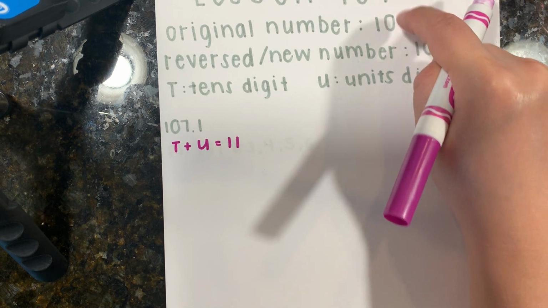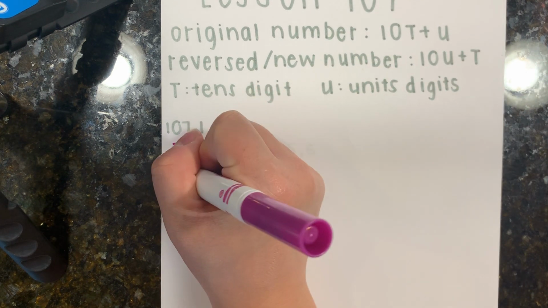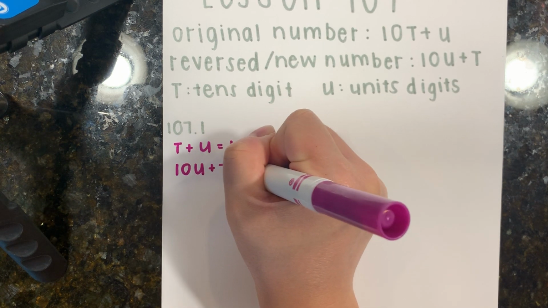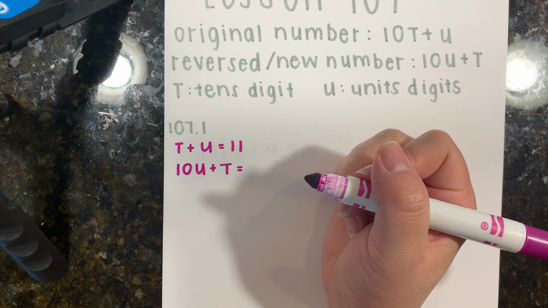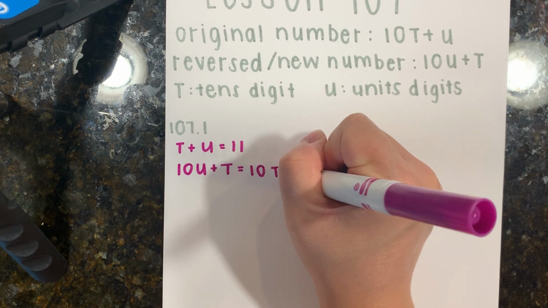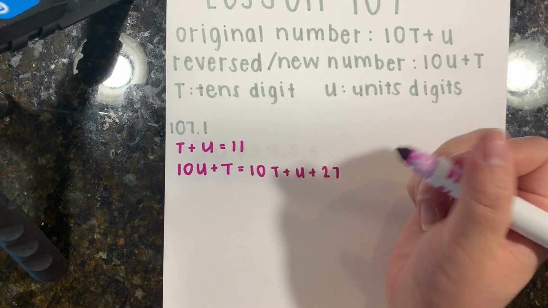This is where your two formulas come in. The new number, 10u plus t, is 27 greater than the original number, which is 10t plus u, and then 27 greater than that.